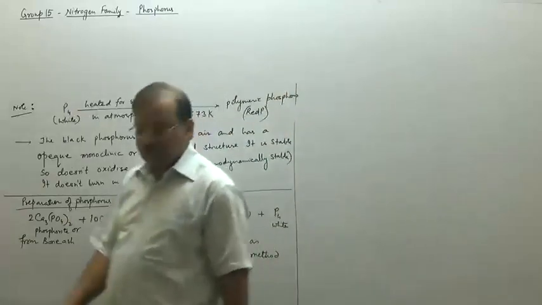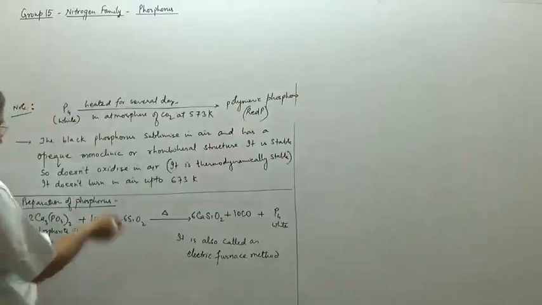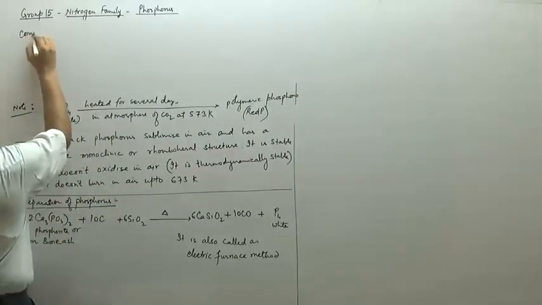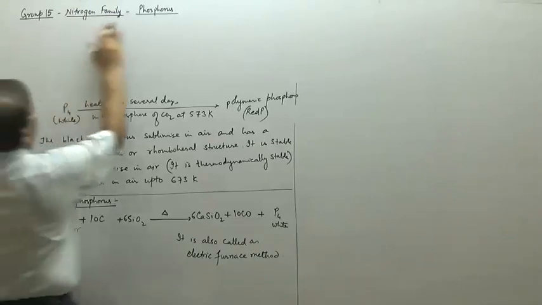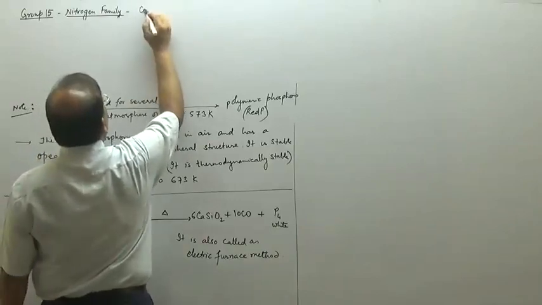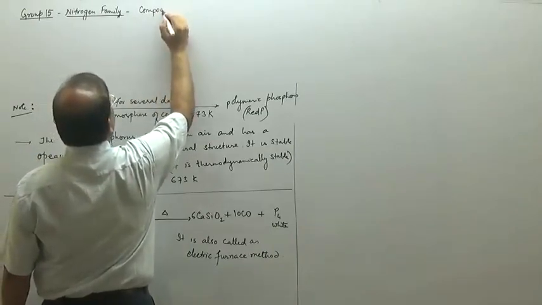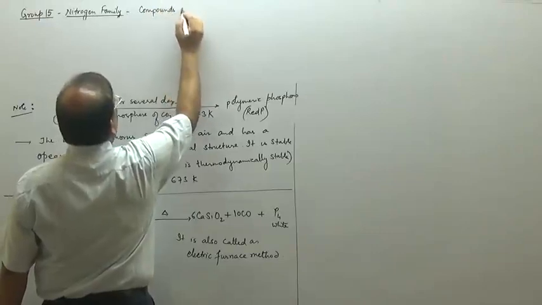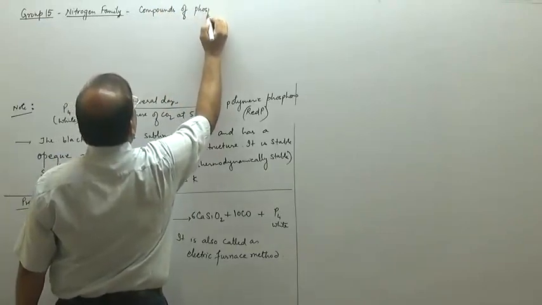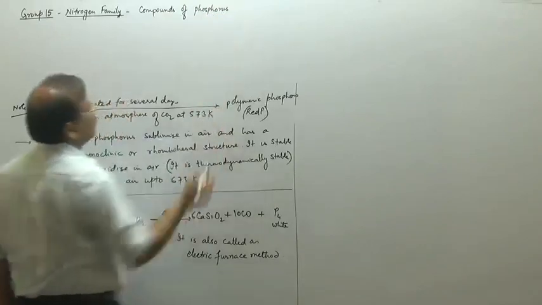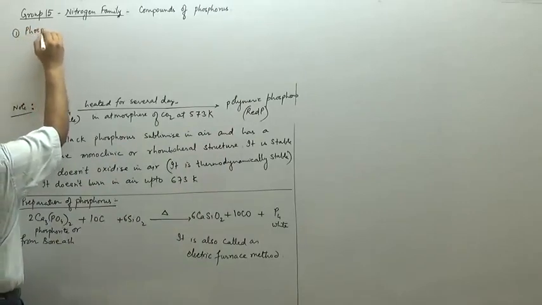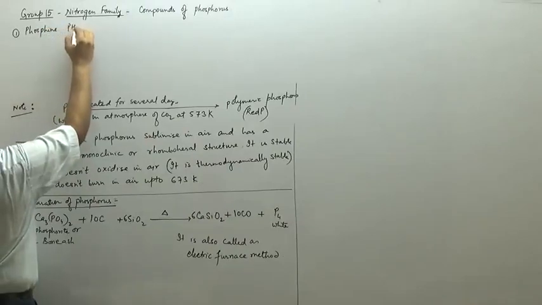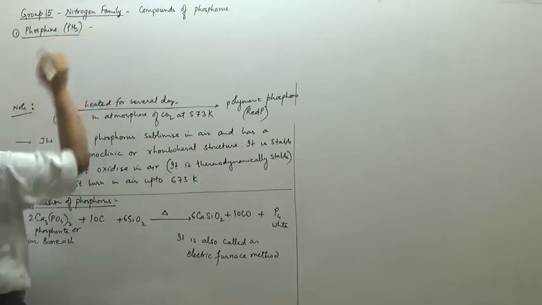If we discuss the compounds of phosphorus, we can say phosphine. Phosphine is PH3, we know. That is a compound of phosphorus.